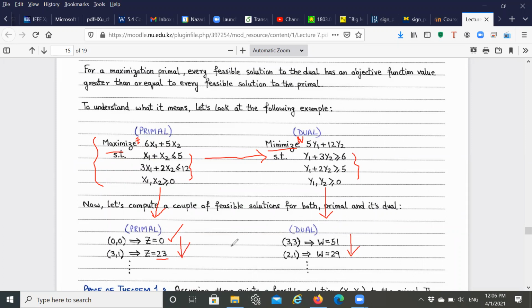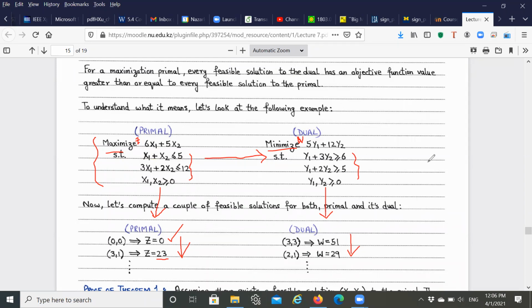All right. Now, one thing that you have to notice, something very interesting, is that in the primal, we are moving from a low value and trying to get a higher value. You see 0 getting to 23, and probably the next number will be greater than 23 and so forth. In its dual, we are going from a very high value and going down.